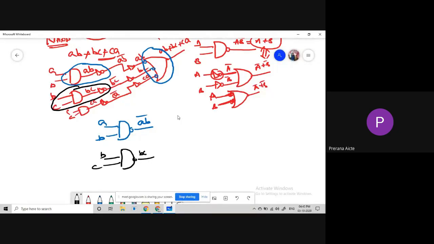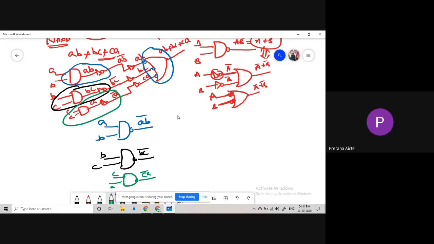This one is BC whole bar, right? And then similarly this one is also a NAND gate, that is nothing but CA, so here we are getting CA bar.